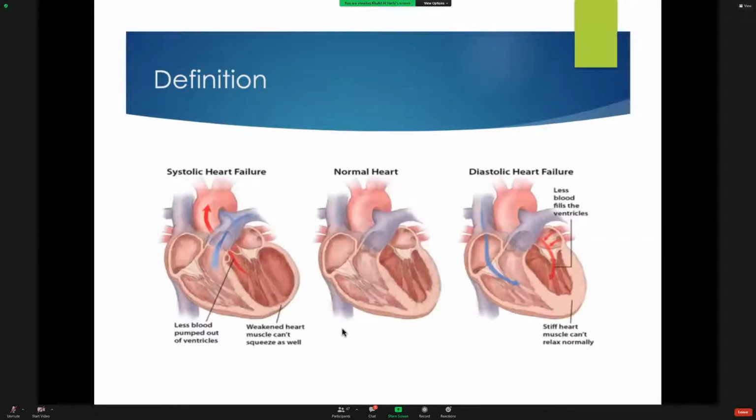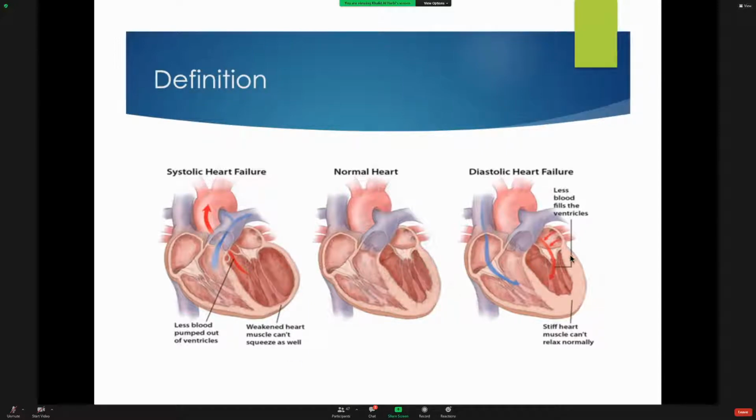So this is the normal heart. You can see the left ventricle, the right ventricle, right atrium, left atrium. This is the aorta, and this is the pulmonary trunk. In systolic heart failure, or heart failure with reduced ejection fraction, you can see the heart muscle is weakened, so less blood will be squeezed to the body. It results in heart failure with reduced ejection fraction because of the weakened muscle and dilated left ventricle.